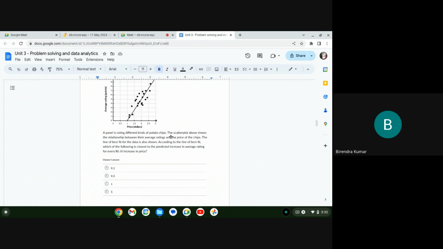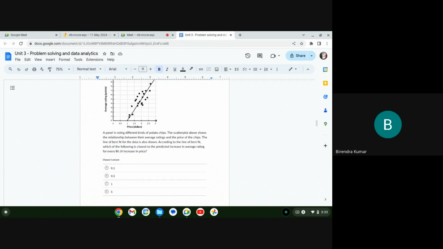So the second line we understood: the scatter plot shows the relationship between the average rating and the price of the chips. We just picked up two dots on the line of best fit and tried reading them. What is the possible rating and the likely price that we can see from the graph? Now the line of best fit for the data is also shown. So this line that we see is the line of best fit, and good that we were looking at the dots on it.